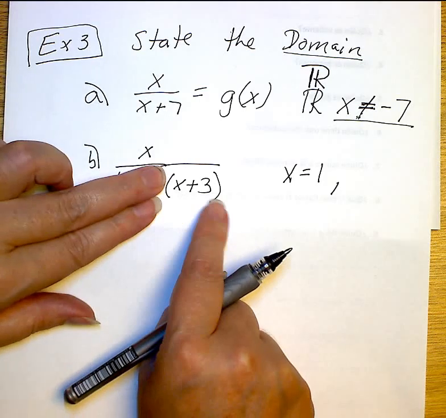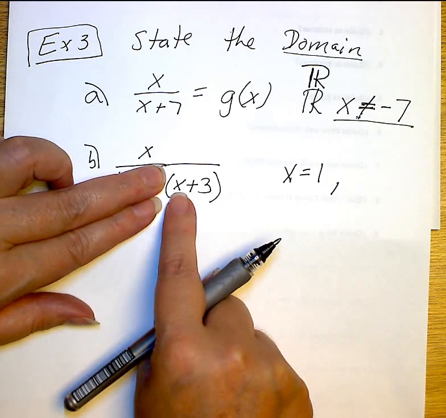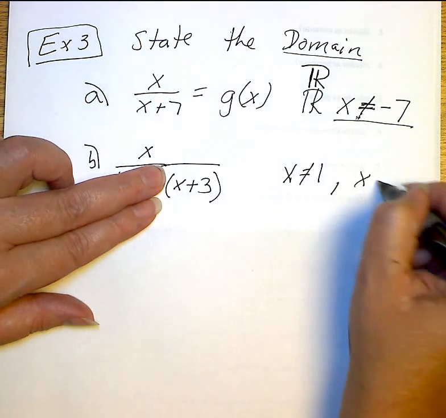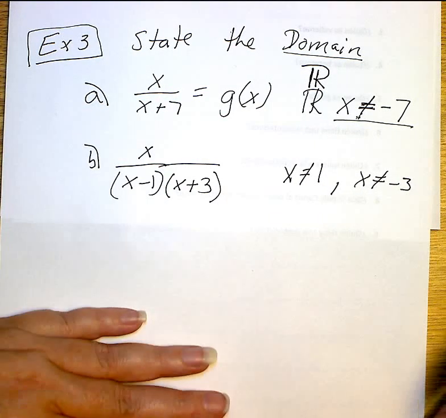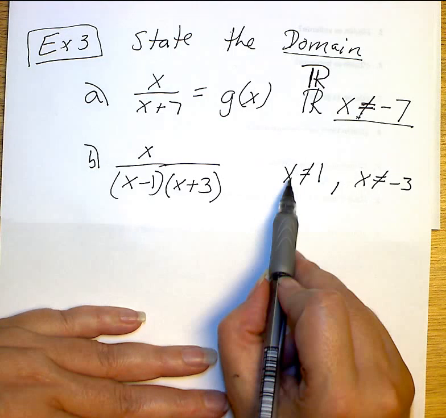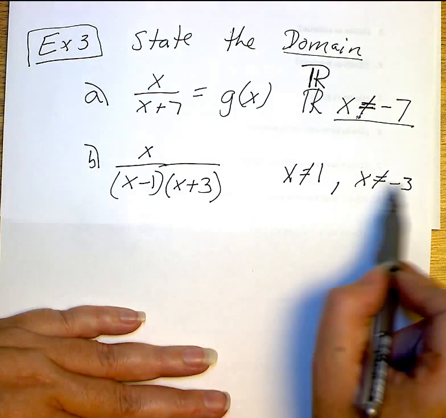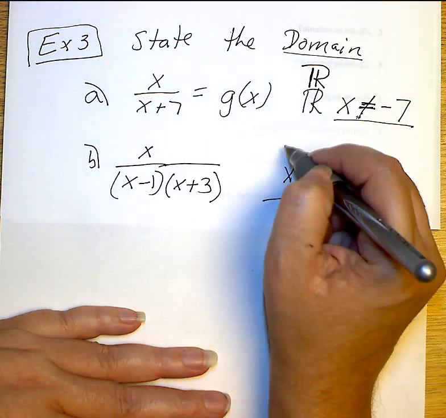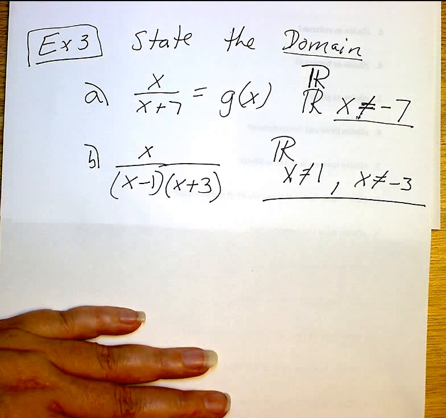What would x have to be here? -3. So x cannot equal -3. So it's all real numbers except 1 and -3. Now I will tell you the book will just say that, but I want you to make sure you realize that it's all real numbers except those.